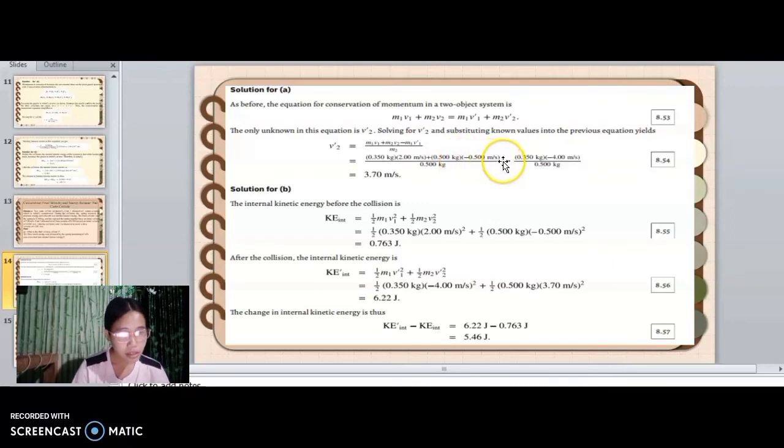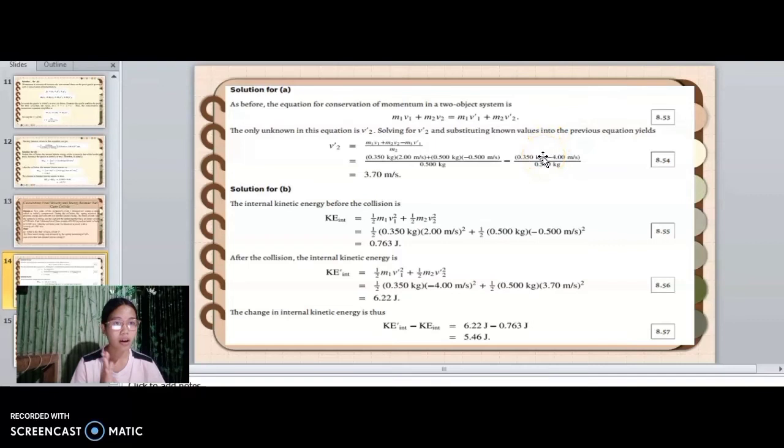Then minus 0.50 kilogram, our mass 1, times velocity prime 1, which is negative 4 meters per second, which means that it bounced back.